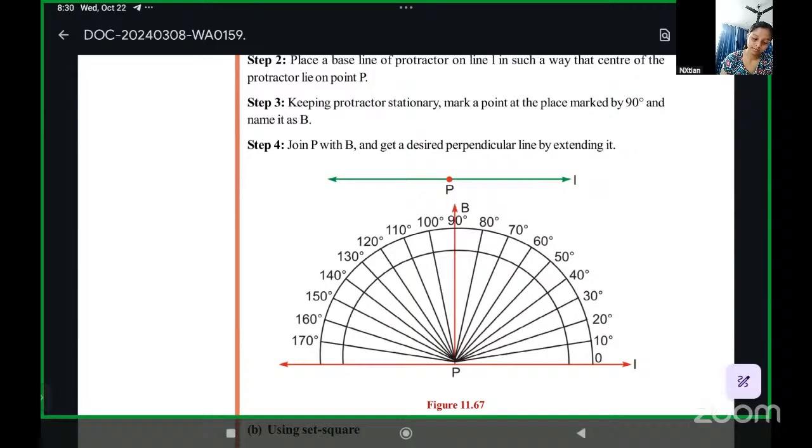I don't have my protractor. You don't have your protractor? Can I draw with the compass? Okay.